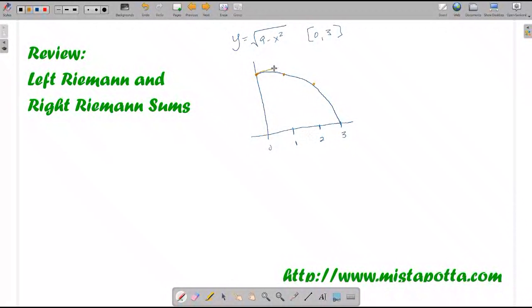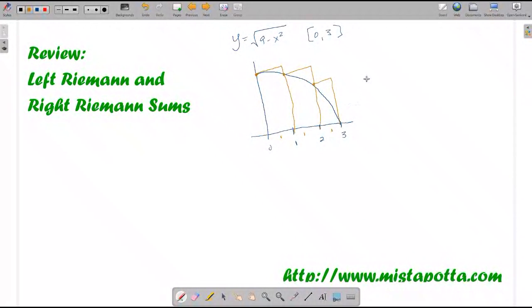So I've got a rectangle here, a rectangle here, and a rectangle here. And each of these has a base of 1.